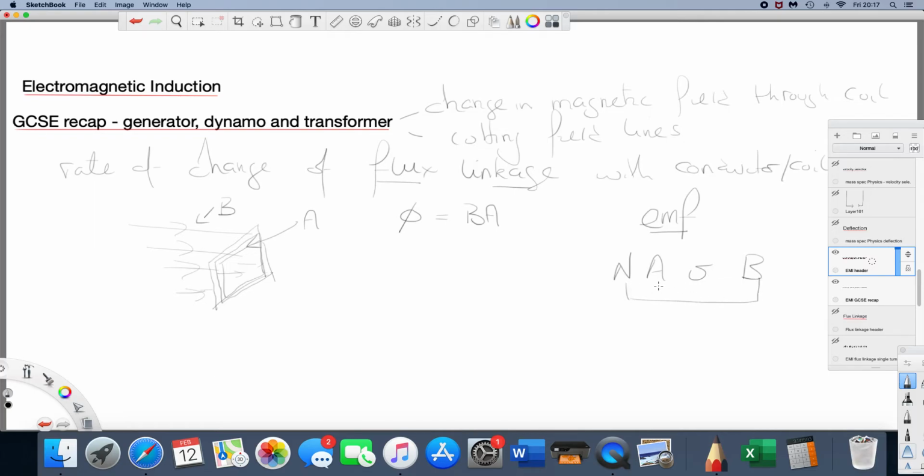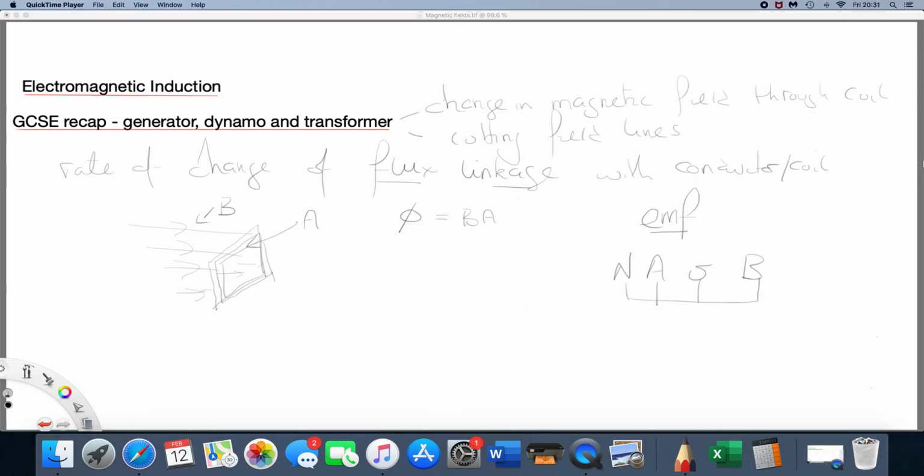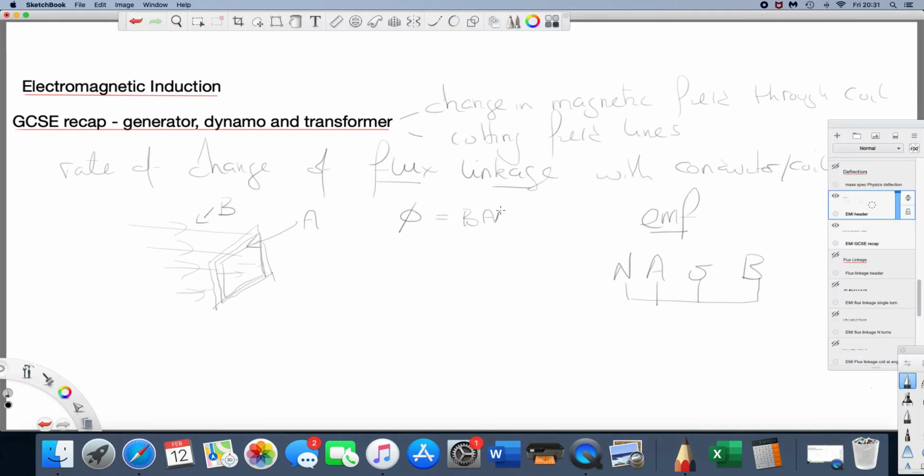All of these contribute to changing the flux linkage. So phi is BA, and flux linkage is N phi, which is BAN.